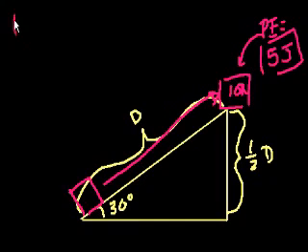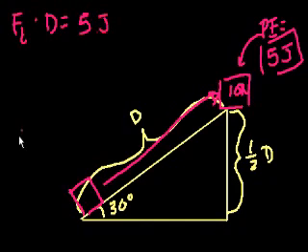Well, that input force times this distance has to equal the work. This isn't some kind of unit. It's 10 newtons times the distance that we're up, and that's 1/2 d. So it's 5d joules. Sorry for confusing you.